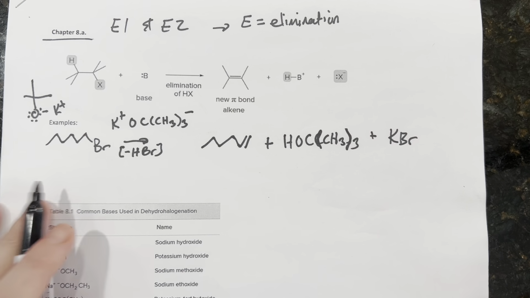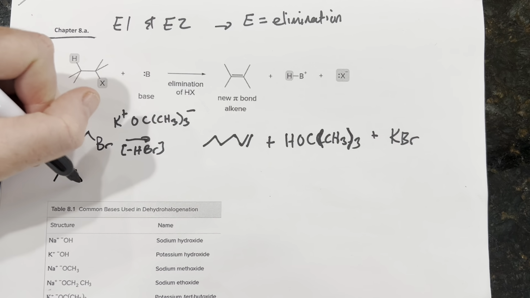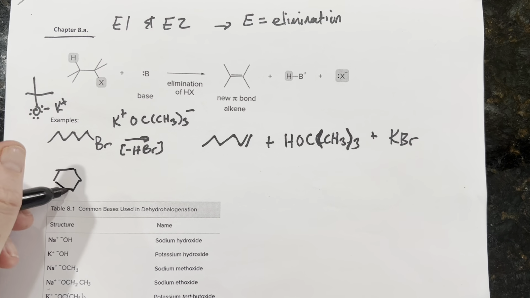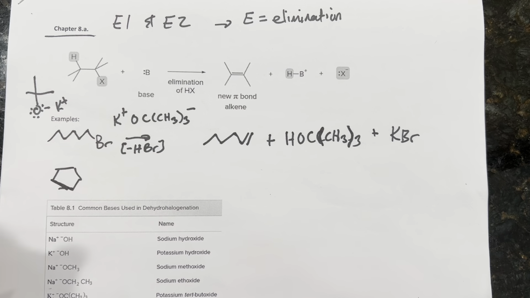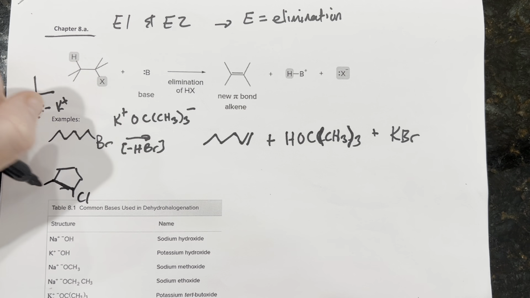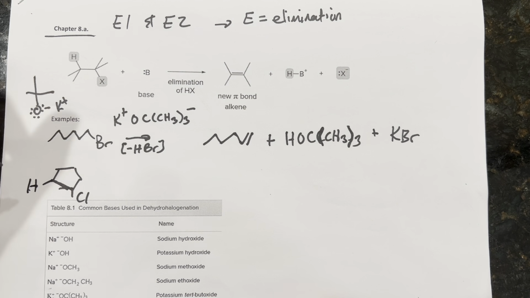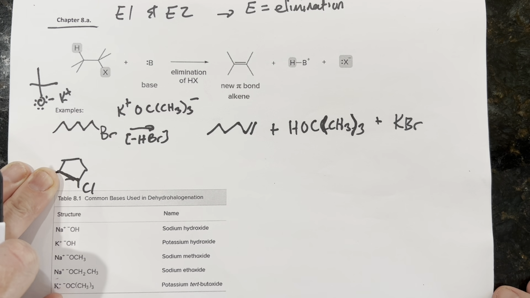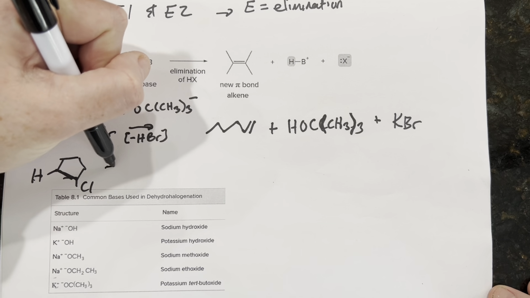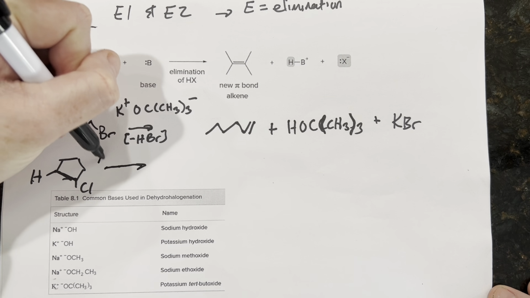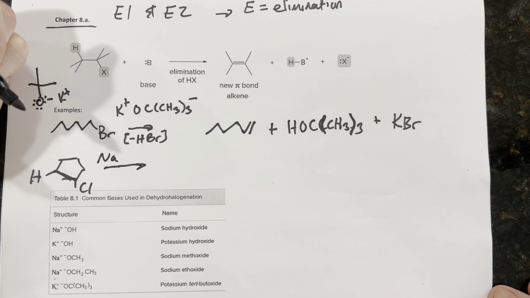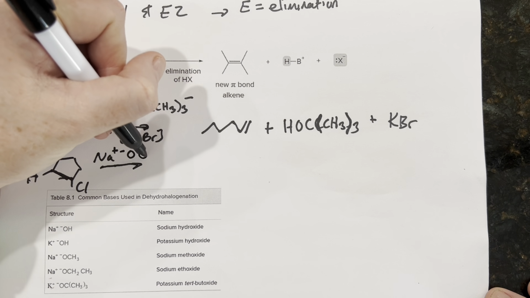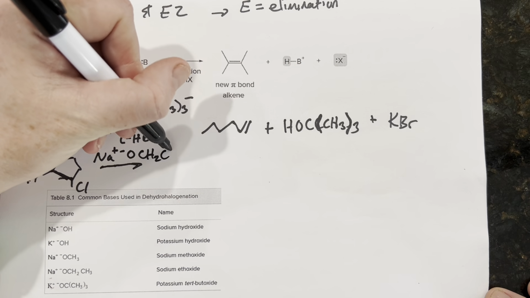All right, now, let's say we have, let's make this a pentane. Let's say you have a pentane and you've got a chlorine and a hydrogen. I didn't draw the hydrogen over here because it won't usually be drawn for you. So it's going to be like this. And let's react it with sodium CH2, CH3.